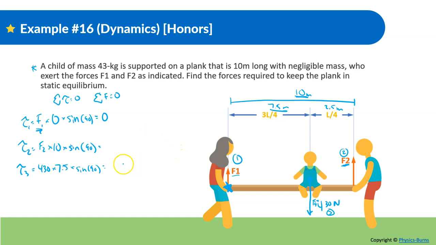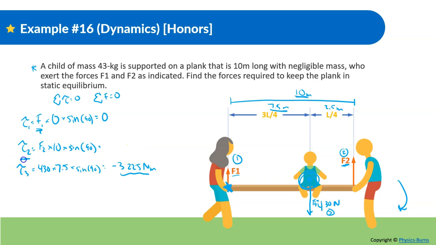And if we can see this, which way is this going to turn? Is this going to turn clockwise or counterclockwise if this was the only force acting on it? We can see that it would be turning clockwise. So this is going to be negative 3,225 Newton meter. And those are all the forces acting on this plank.